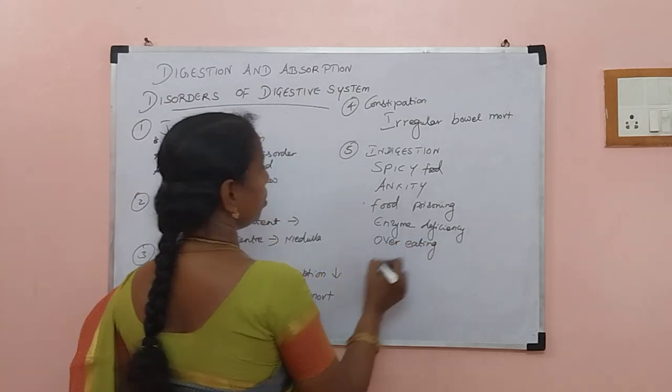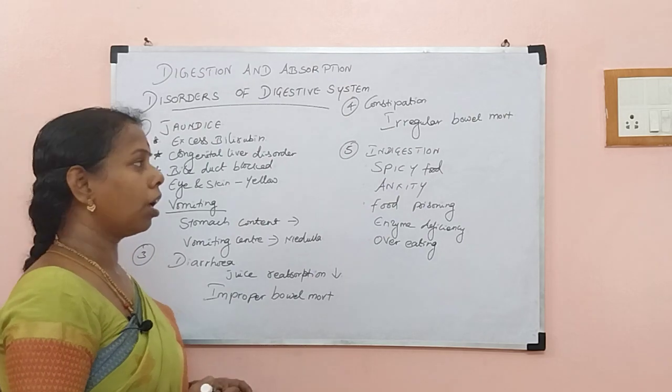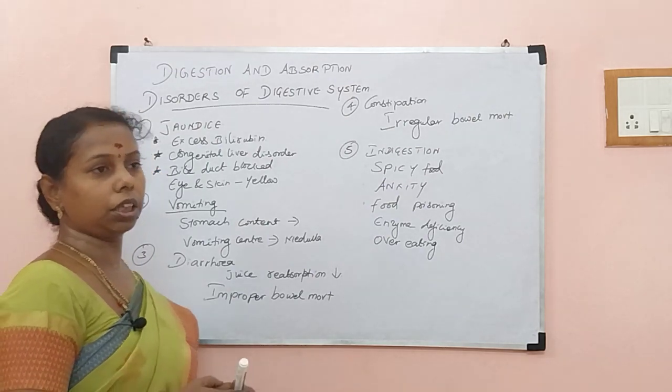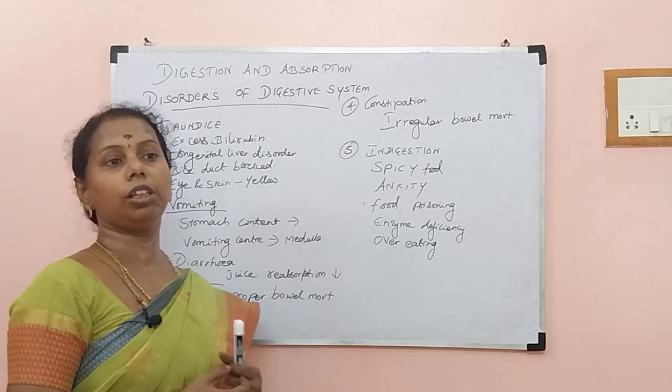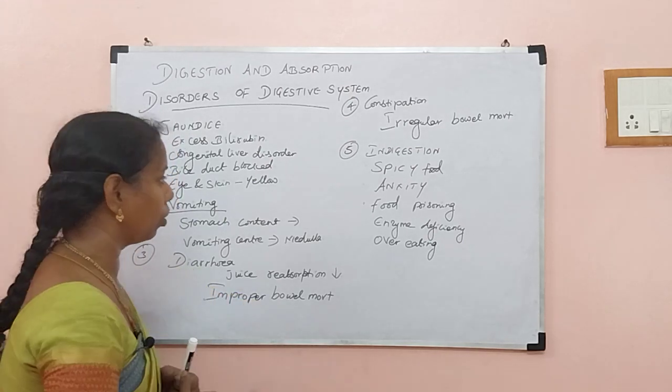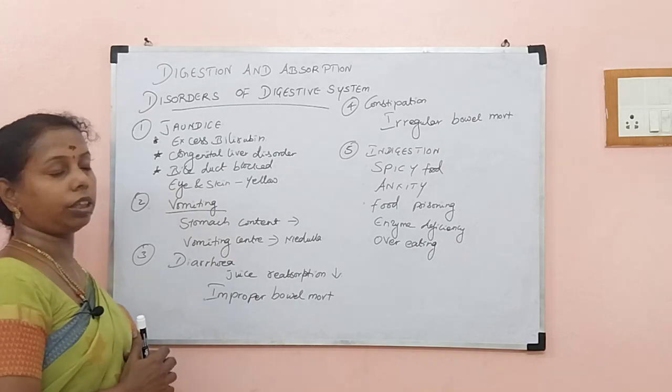All these conditions may lead to indigestion. Of course, symptoms of indigestion include vomiting, and along with that we have a feeling of nausea. I hope you understood these 5 disorders.